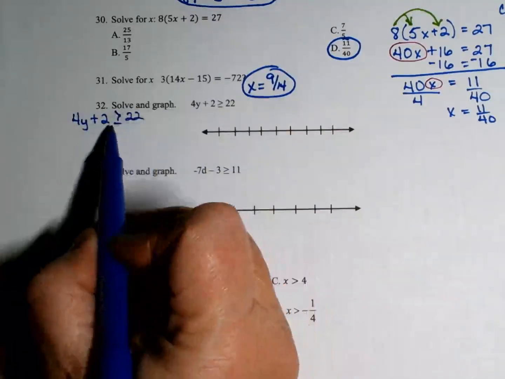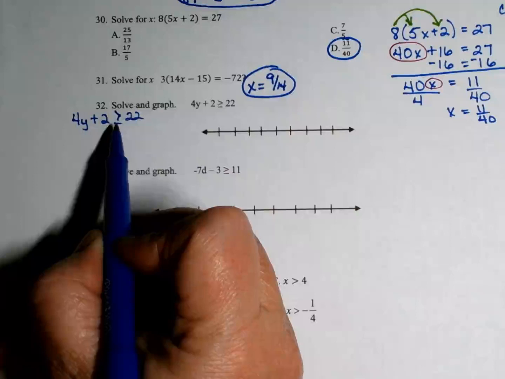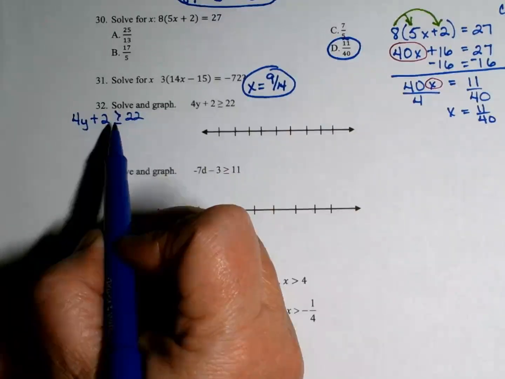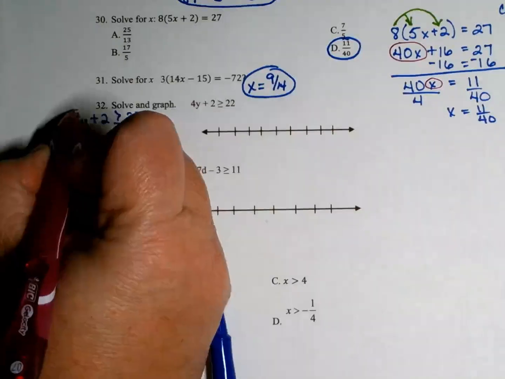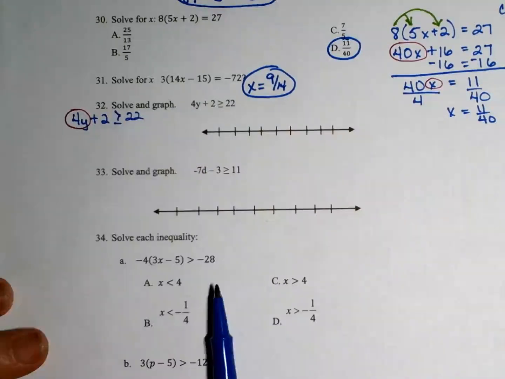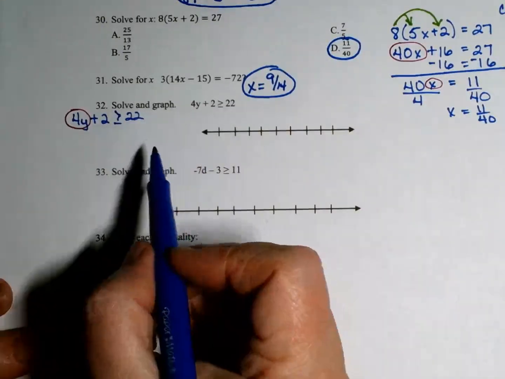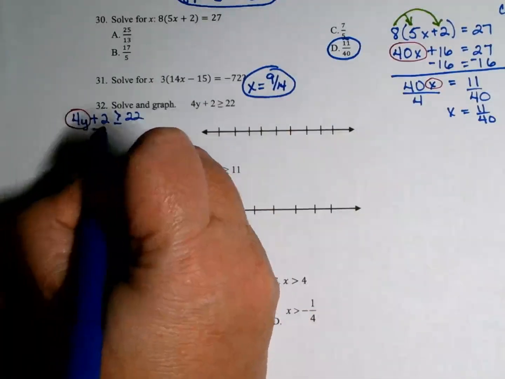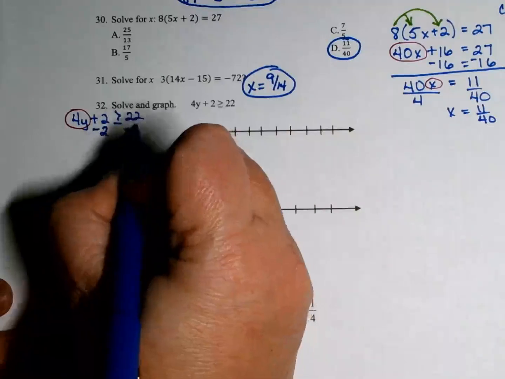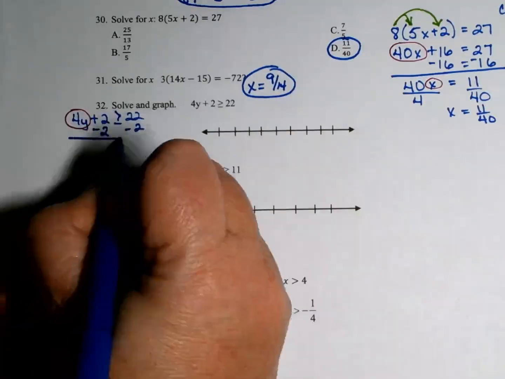Don't let this symbol mess you up. Okay, I still have to solve it like I would solve an equation. So I have to isolate my term with the variable, which is my 4y. So in order to do that, I have to get rid of this plus 2. So I'm going to subtract 2 and subtract 2.